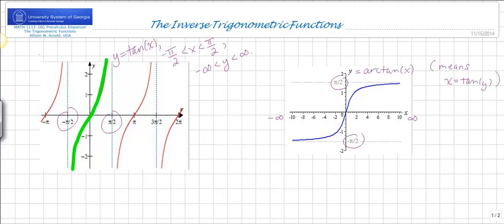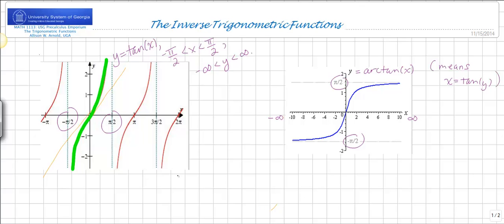And if you actually take a moment to look at the symmetry about y equals x and the asymptotes, you will see that we get the graph on its side, basically.